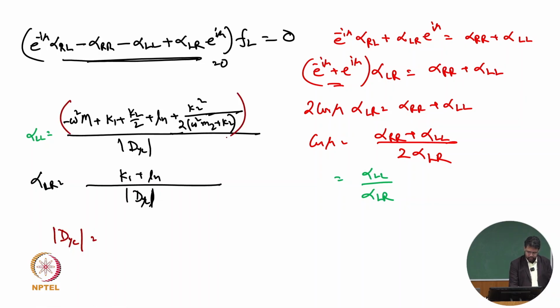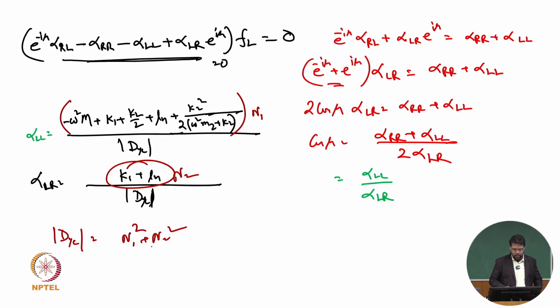Means if I just think this is the numerator, this is n1, this is n2, so this is n1 square plus n2 square. So that is my dy of c. Okay, so this way we are able to get that.